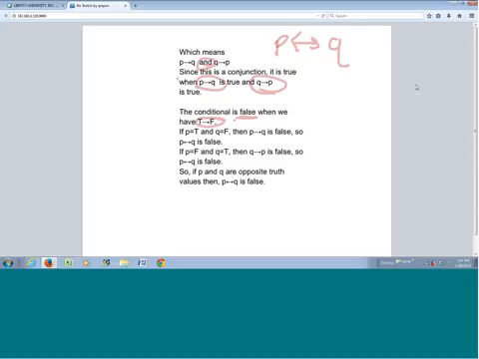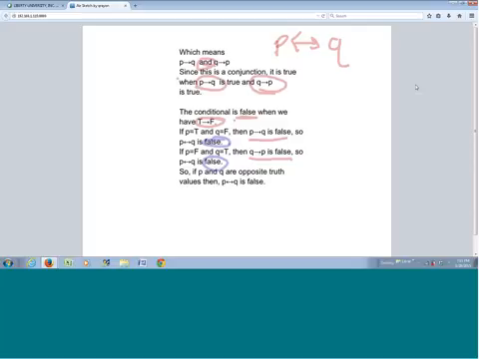Well, if P is true and Q is false, then that would be true arrow false. So that would be false right there. If P is false and Q is true, then the one going that direction would be false. So the one with the double arrow would be false.